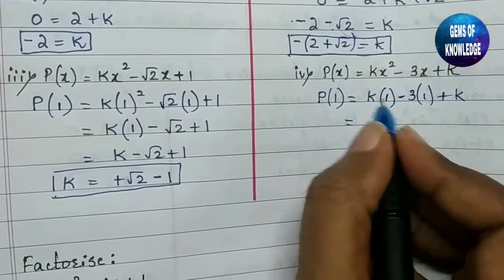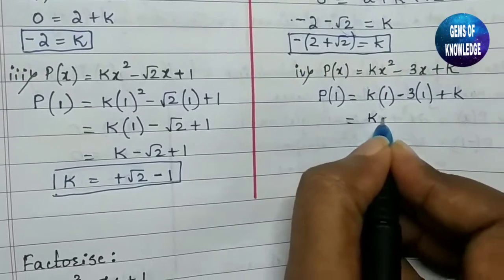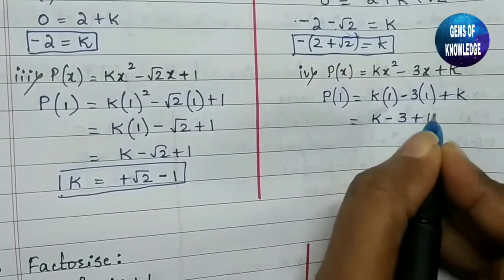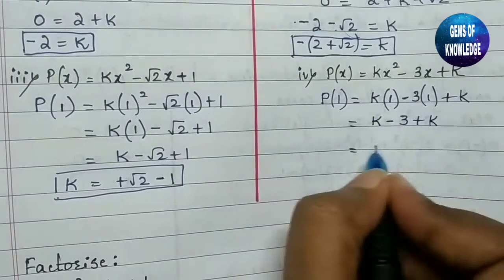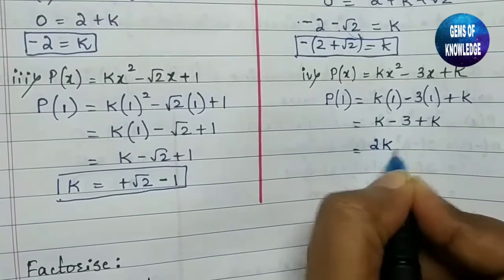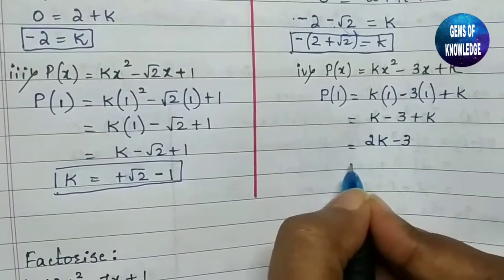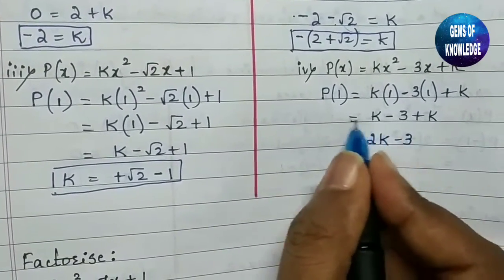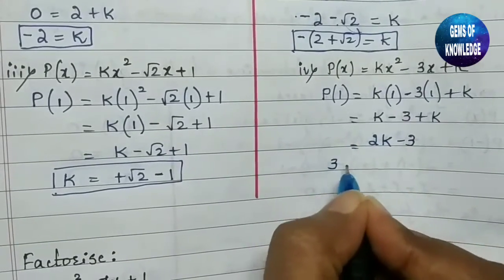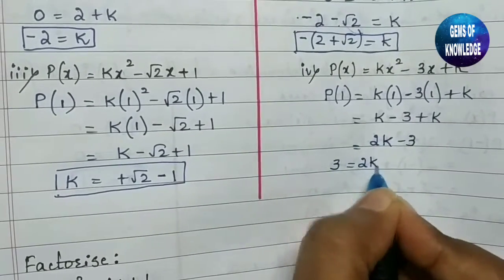So here you are getting k into 1 is k, minus 3, plus k. So here you are getting k 2 times, so you can take it as 2k minus 3. Let us move this minus 3 to this side. So you are getting plus 3 is equal to 2k.